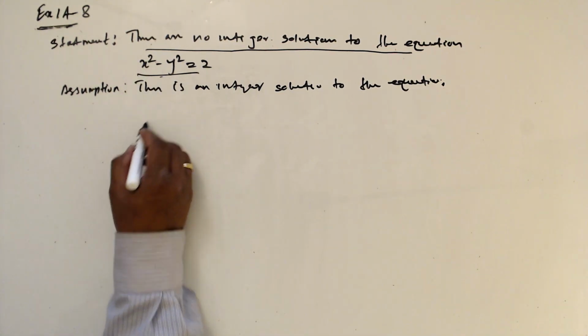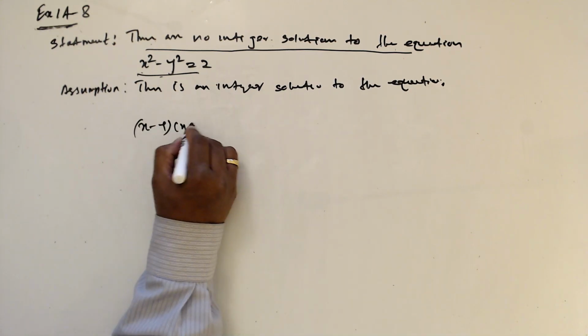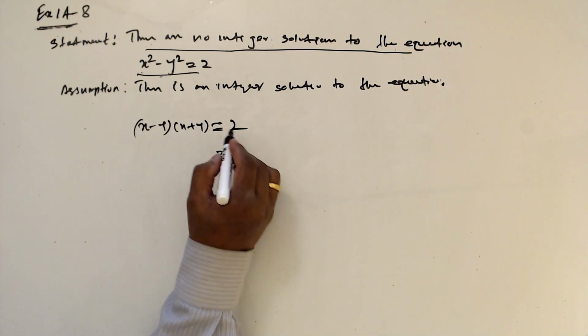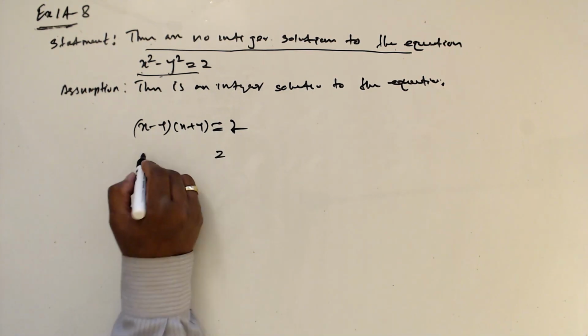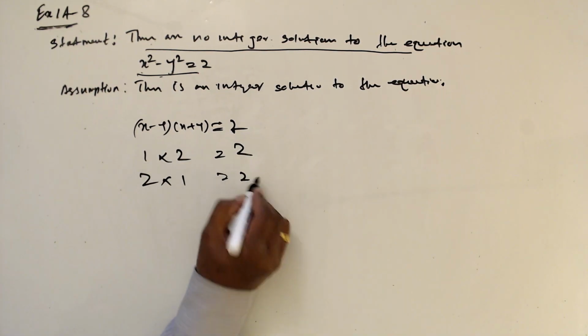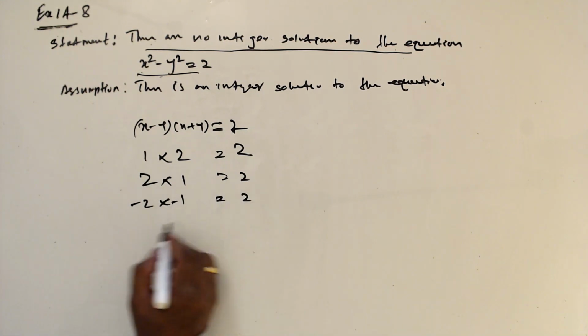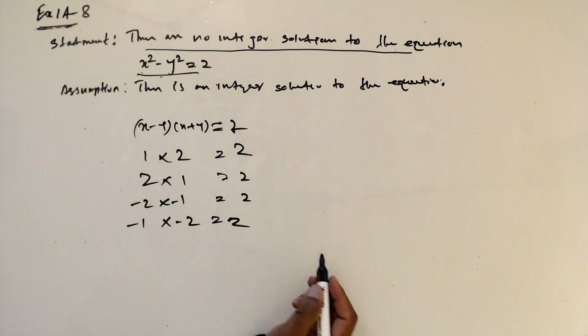Our argument is we write (x minus y)(x plus y) equals 2. To become 2, we have a few options: 1 times 2 is 2, 2 times 1 is 2, minus 2 times minus 1 is also 2, minus 1 times minus 2 is also 2.